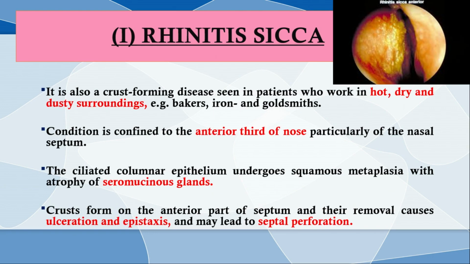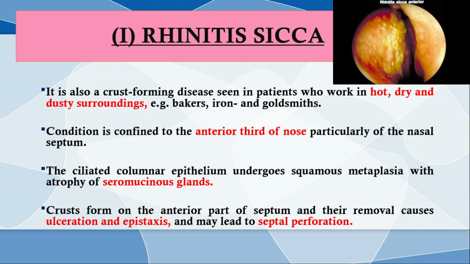Rhinitis sicca. It is a crust-forming disease seen in patients who work in hot, dry, and dusty surroundings. For example, bakers, iron and goldsmith workers. Now, the condition is confined to the anterior third of the nose, particularly of the nasal septum.